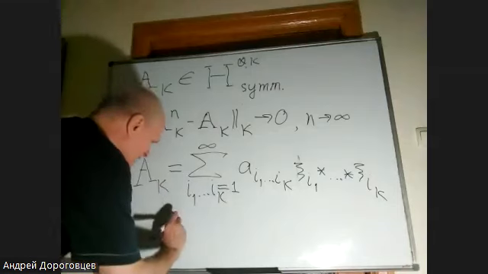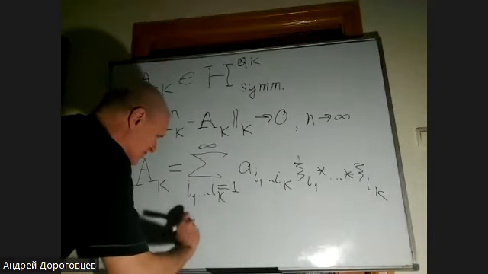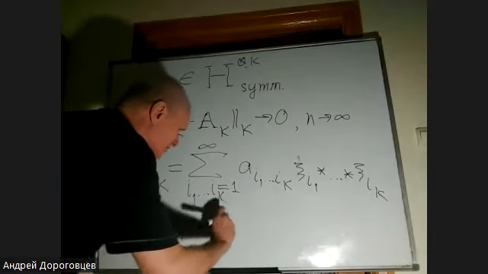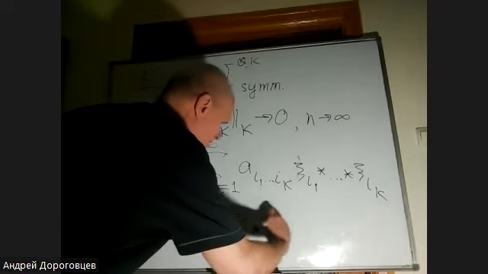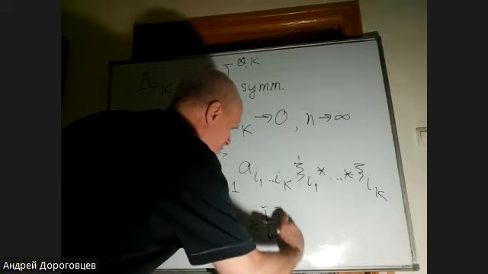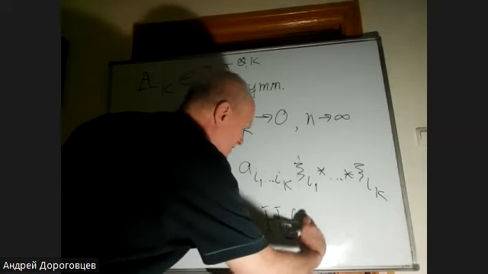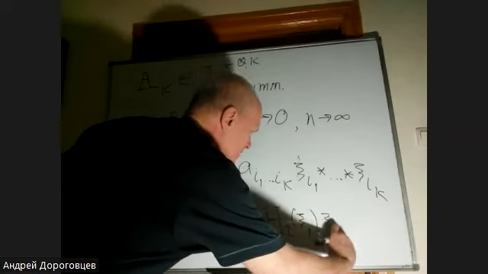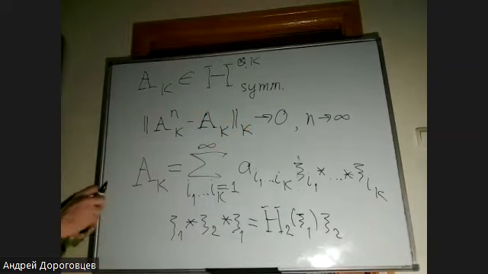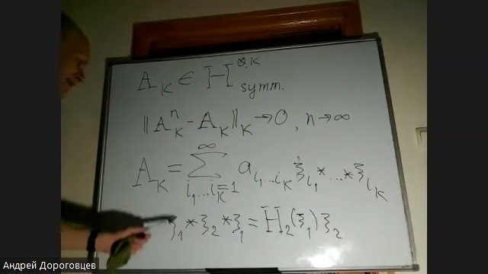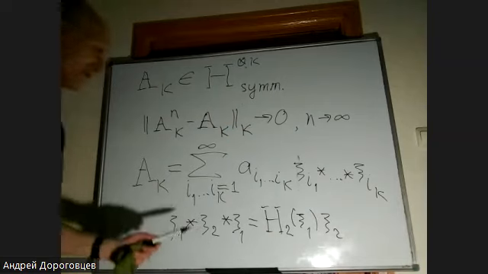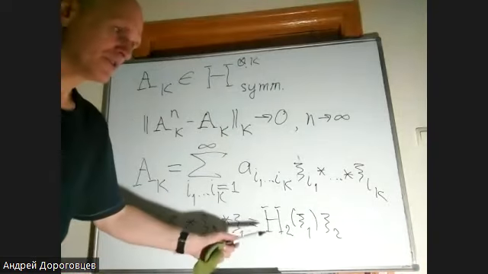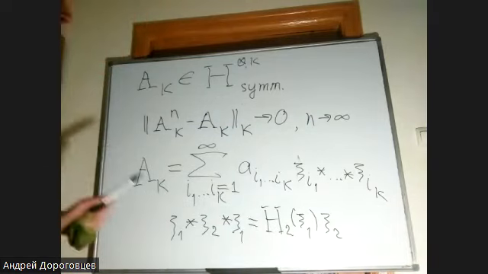The simple example is following: xi_1 times xi_2 times again xi_1 is equal to h_2 of xi_1 multiplied by xi_2. Usually the product would be xi_1 squared multiplied by xi_2, but instead of the square, we use the Hermite polynomial of the second degree.